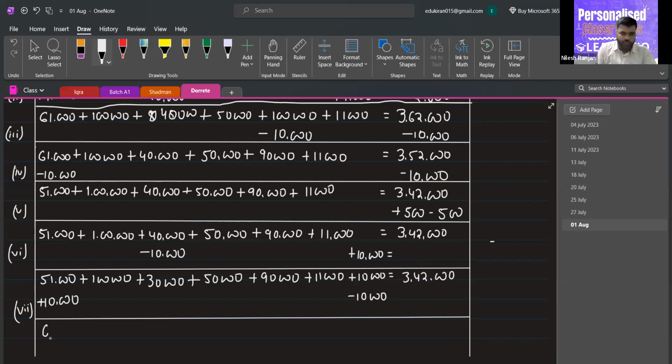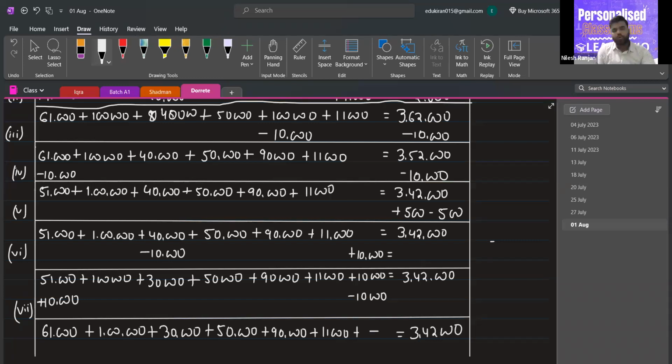So it will be 61,000 plus 1 lakh plus 30,000 plus 50,000 plus 90,000 plus 11,000 plus nothing, 3,42,000.